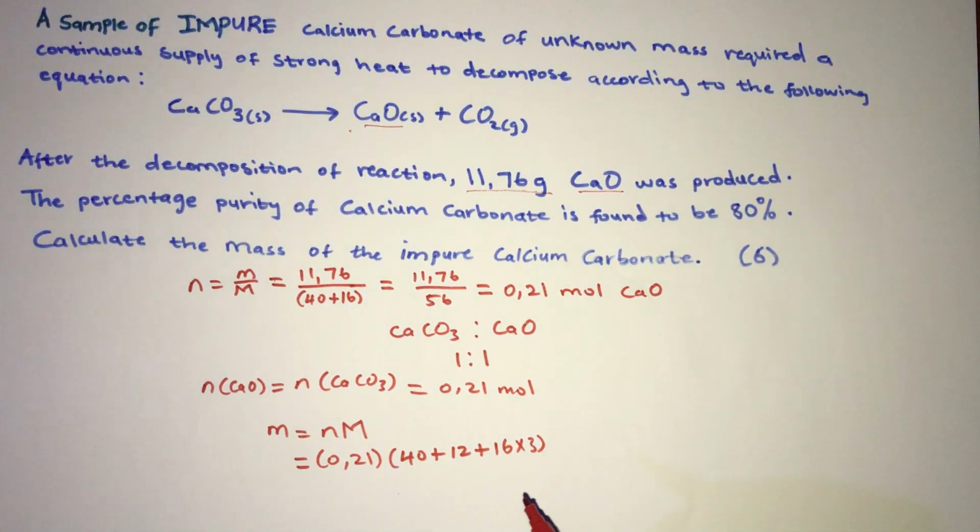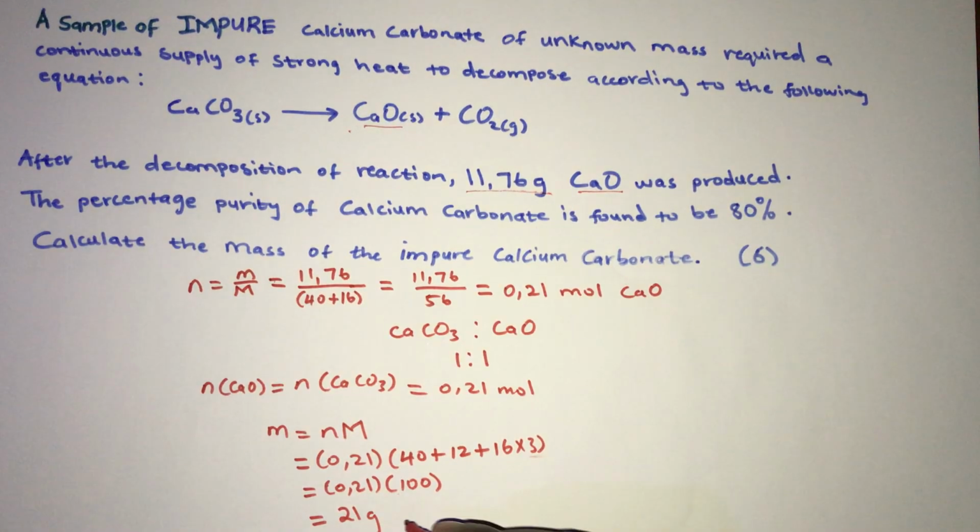As you can see, it's the same as that one. This gives us 100, so the mass is 100 times 0.21. That is 21 grams of calcium carbonate.